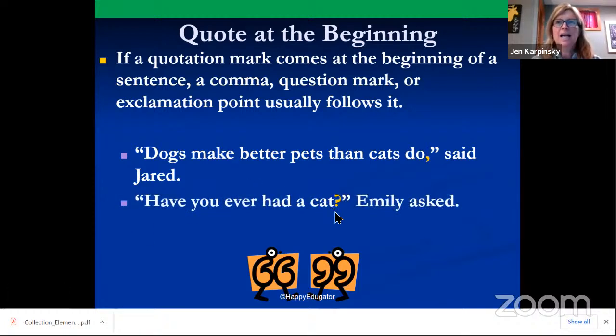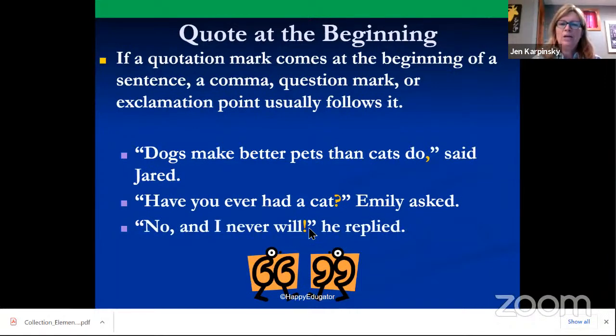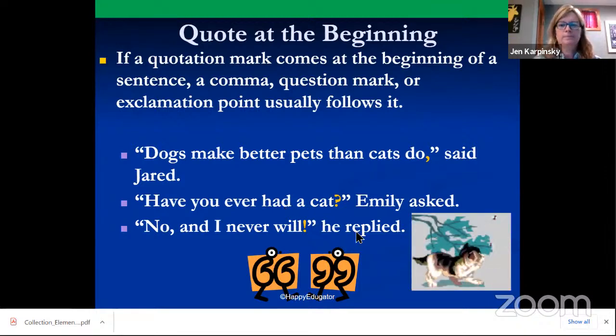Question inside quotation marks. "No, and I never will!" Exclamation mark inside the quotation marks. So again, when we start at the beginning of a sentence with a quotation mark, we're usually going to have a comma, a question mark, or an exclamation mark on the inside. We're not going to have a period though.